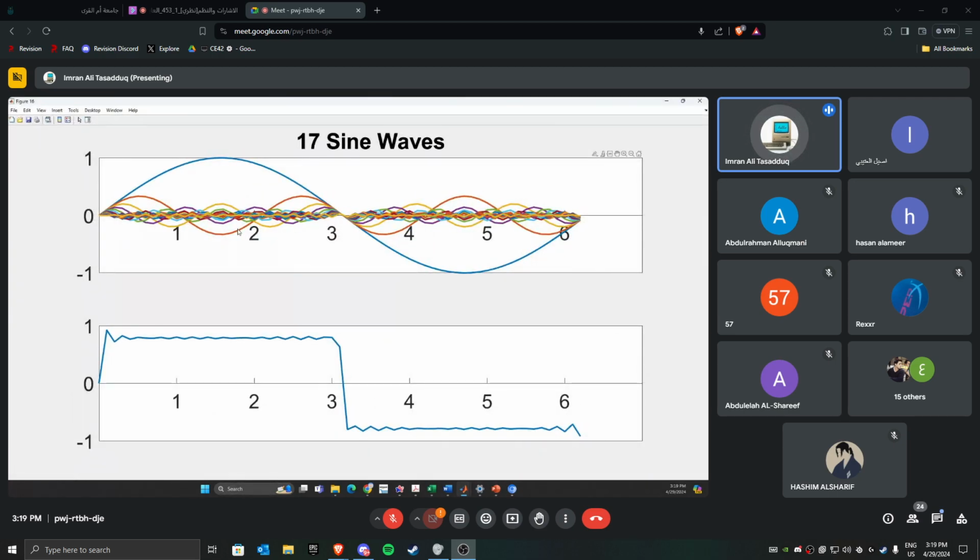So basically, what we are saying is that the more sine waves you add, the more the shape of the waveform is going to become like a square. Okay. So what Fourier says is, let me now go back to the slides.